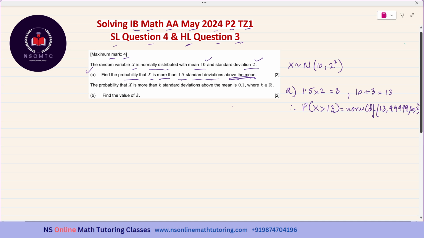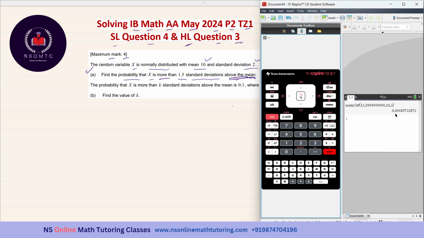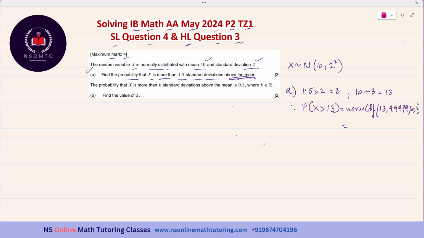So this was equal to 0.066807. Correct up to 3 significant figures, it will be 0.0668. So this is the answer for subpart A.